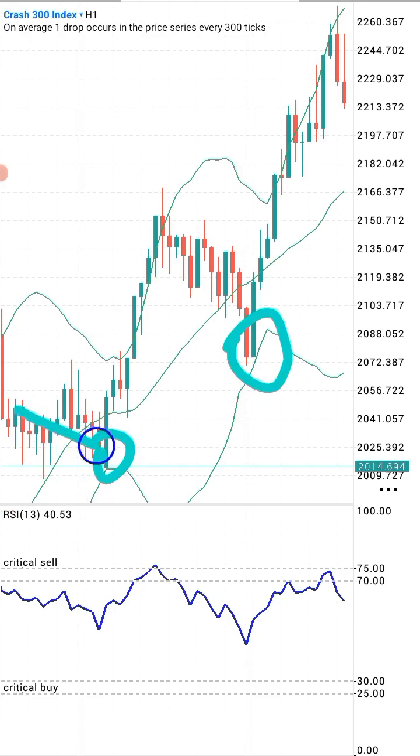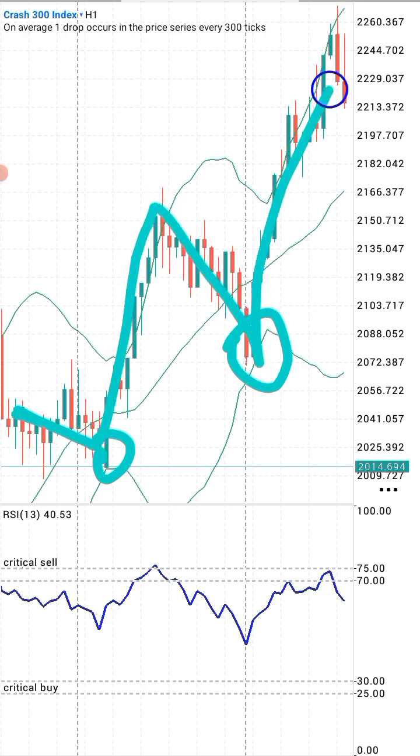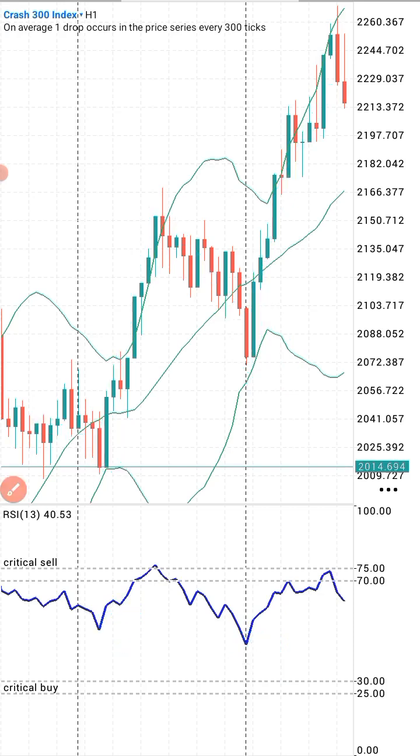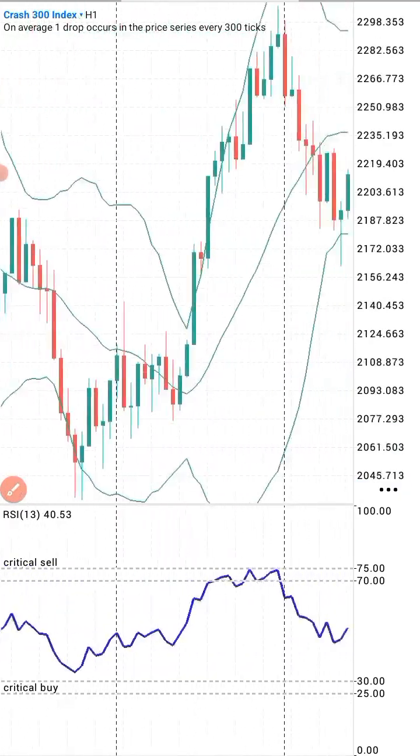Remember, it is level of rise plus consolidation. So there is no sense for us to sell at this place. We wait because it is more of buying.